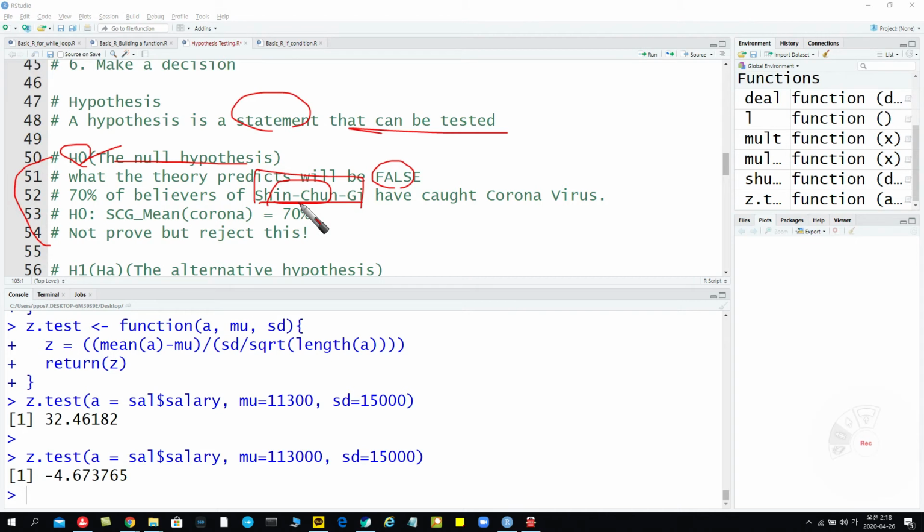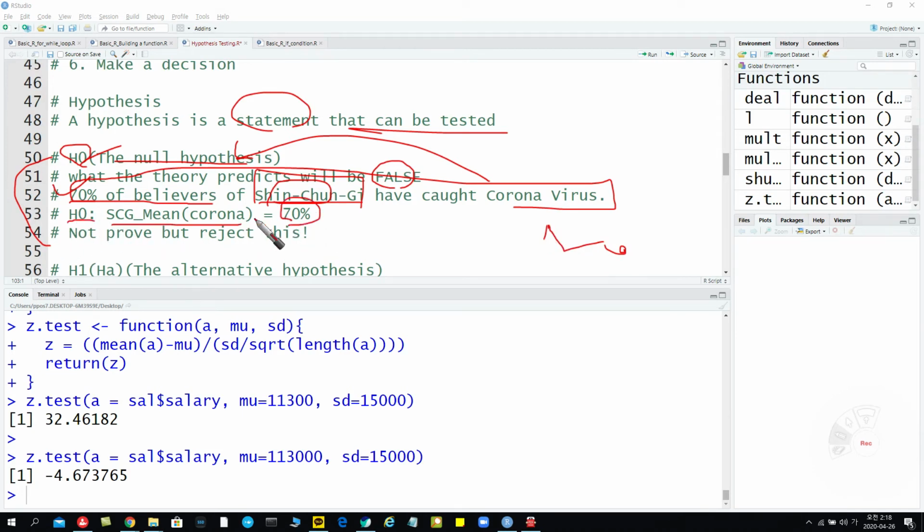As you may know if you heard the news, they were one of the causes of the coronavirus outbreak in Korea. So 70% of believers, this is a kind of statement, right? 70% of the believers of Shincheonji have caught coronavirus. This is H0, the null hypothesis.